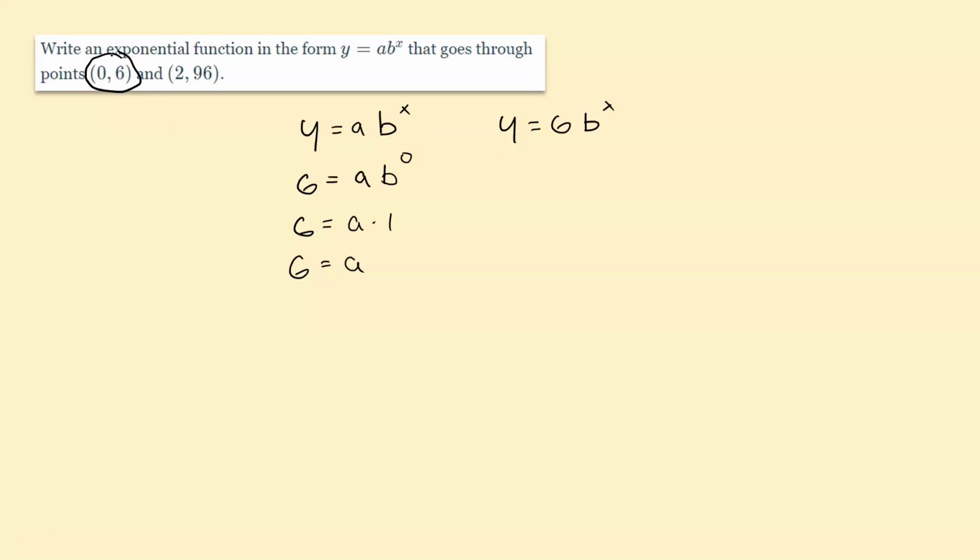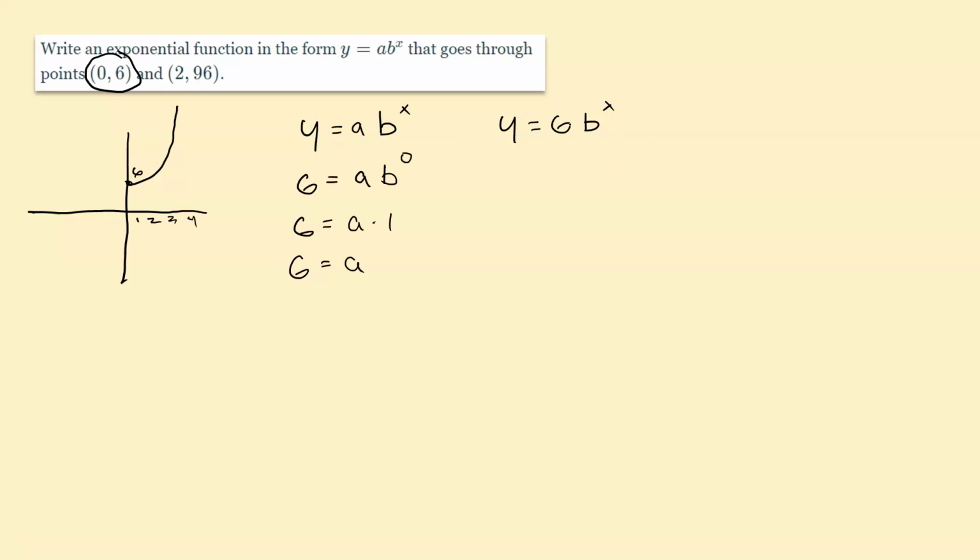Or you can just know, because this is on the y-axis, 0, 6, that means it has to be the initial value of our exponential graph, because that's the starting point, because x counts up from there. Then that just means that our initial value is 6. So you can think about it that way as well, but I also recommend make sure you do the math and make sure it makes sense.